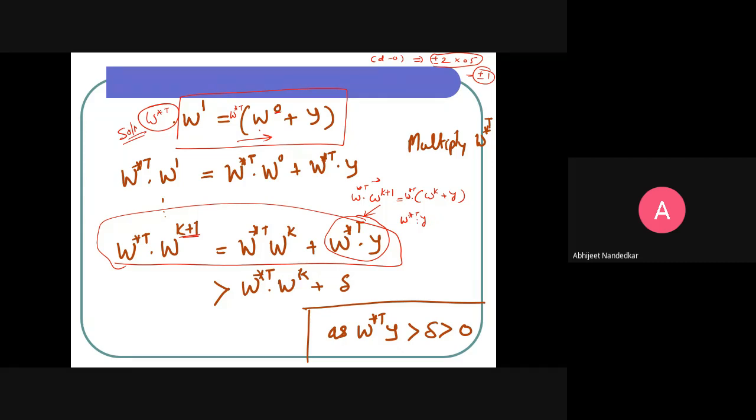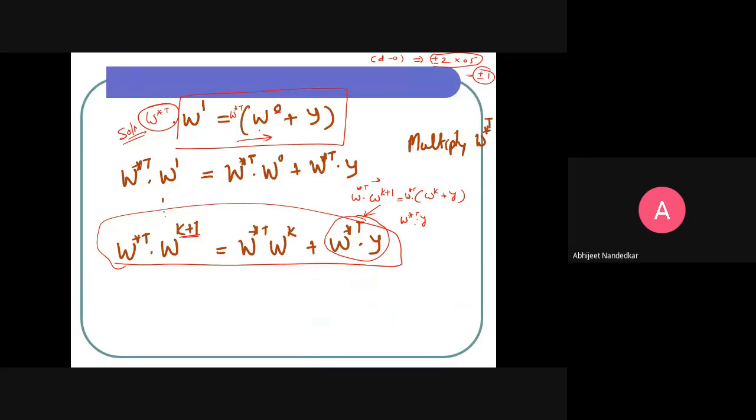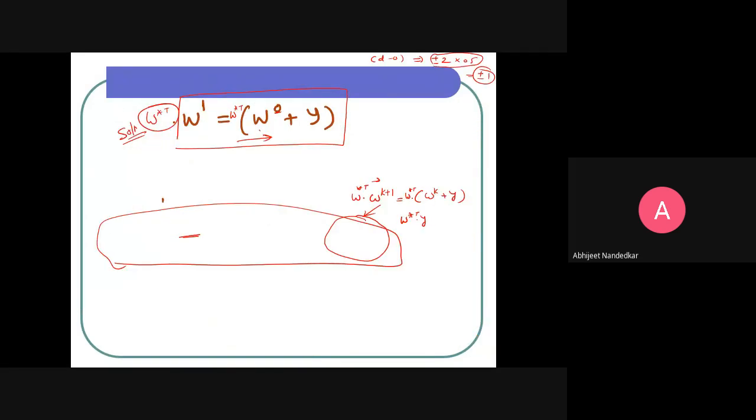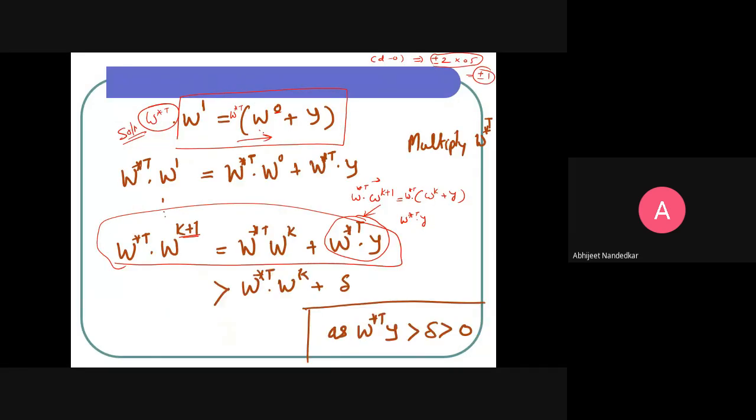I know the relation between delta and W star. So what was that? I was assuming that W star transpose Y is greater than delta greater than 0. Now what I am doing here intentionally is skipping this number W star transpose Y and replacing it by a smaller number.